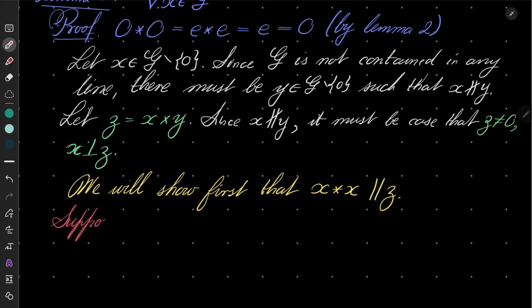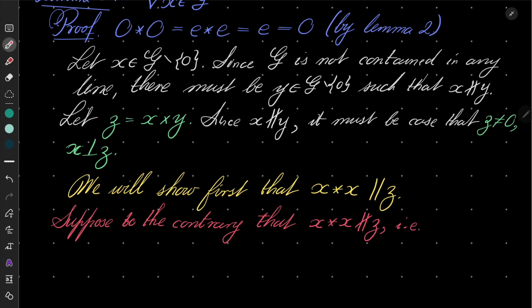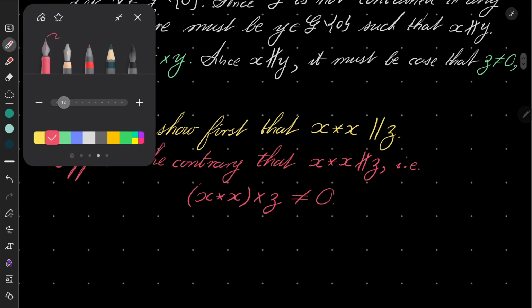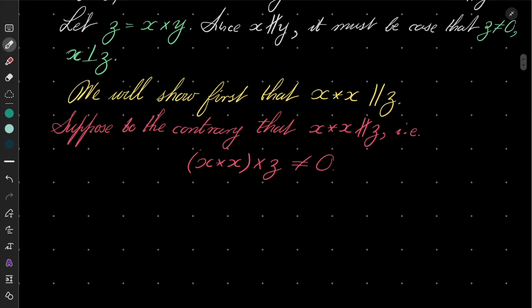Suppose to the contrary that X star X is not parallel to Z, i.e. the cross product of X star X and Z is non-zero. What can we do from that? Well, let's take a look.